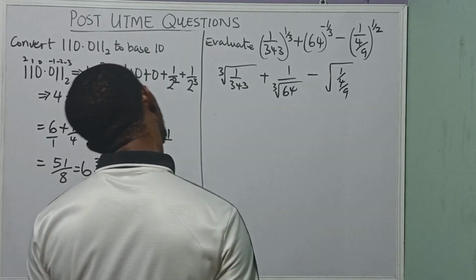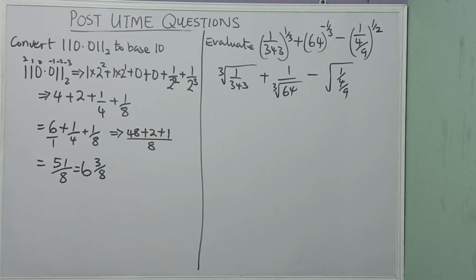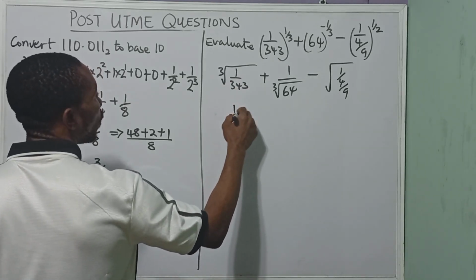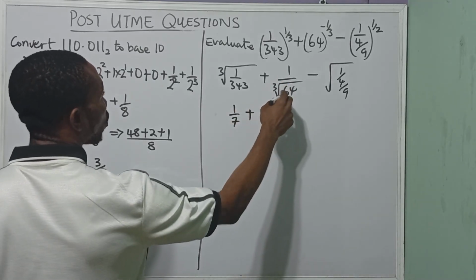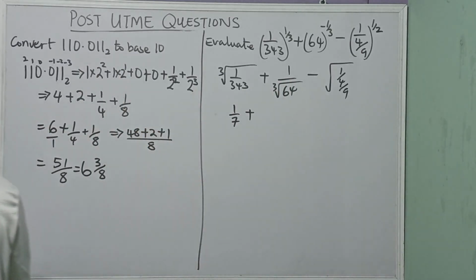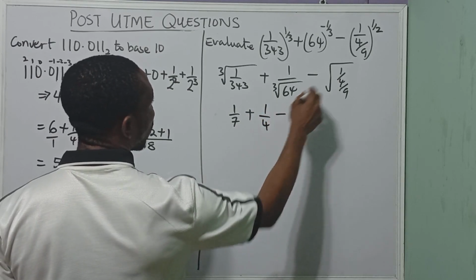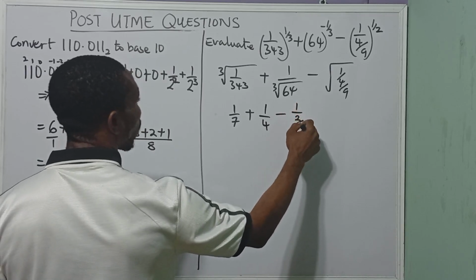Our cube root of 343 will be 7. Okay, this becomes 1 over 7 plus, our cube root of 64 is 4, 1 over 4 minus square root of 4 and 9 will be 1 over 2 over 3.